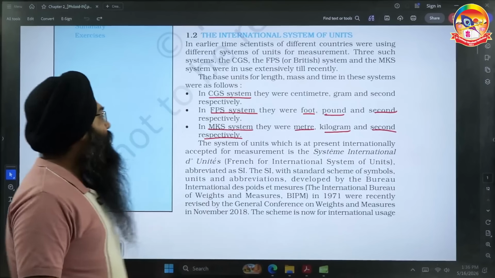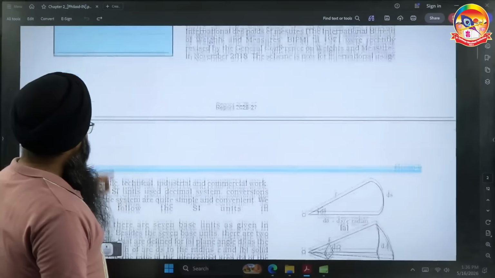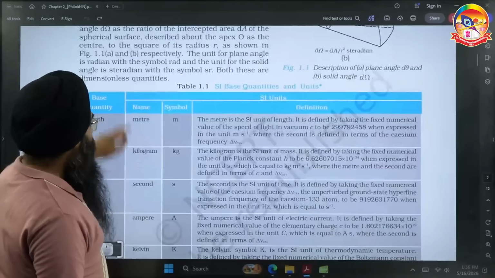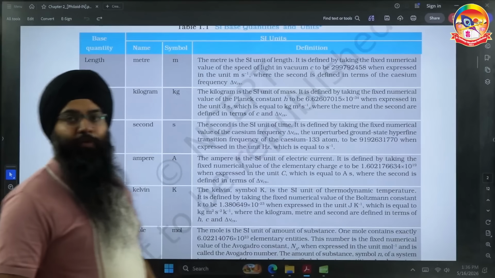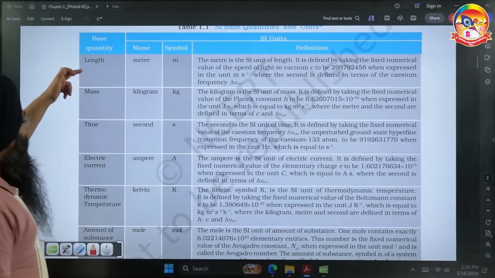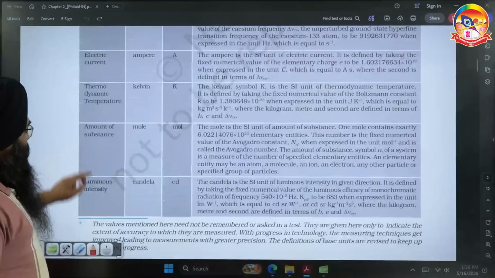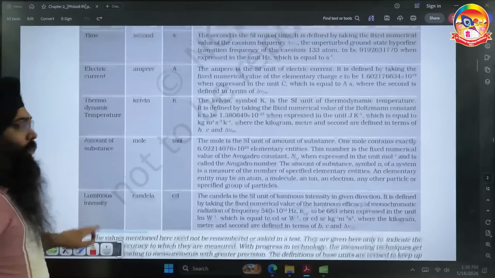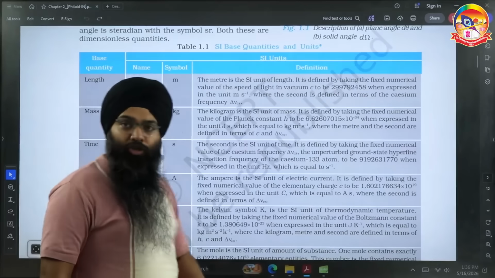But the SI system consists of 7 fundamental quantities. What are they? As written here: length, mass, time, current, thermodynamic temperature, amount of substance and luminous intensity. Let me quickly brief you about their units.